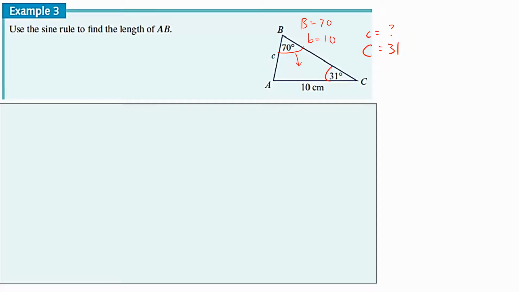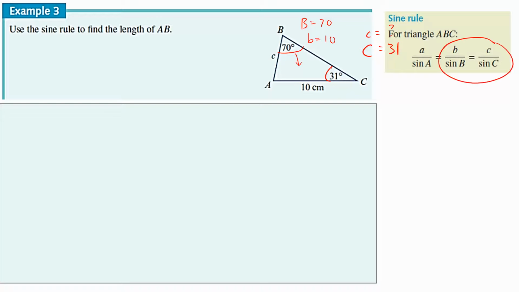I know that big B is 70, little b is 10. I've got big C, but I don't have little c. So, according to the formula, I can use that part. I've got the b's, I've got part of the c's, I can sub it in. Little c I don't know, but I know the big C. So sine on big C, which is sine of 31, is meant to be equivalent to little b divided by sine big B. And so, there you go.